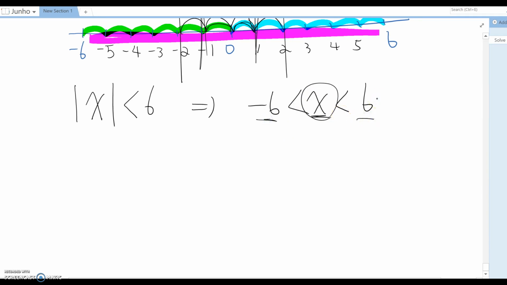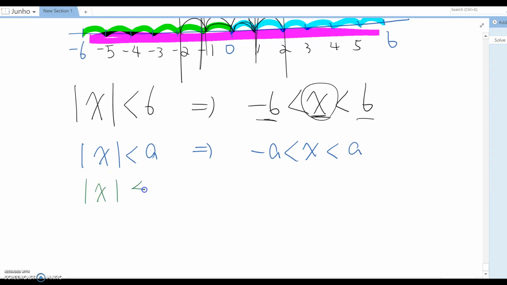Then what could be the general form? So I'm going to make absolute x is less than a. Then this becomes x is between negative a and positive a. If the expression is indicated as less than or equal to a, then this becomes x is between negative a and a inclusive, like this.